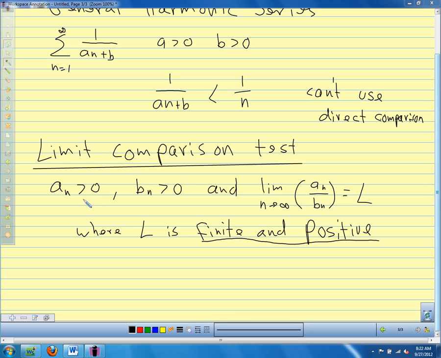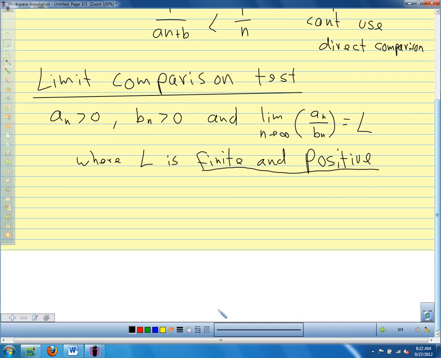So if the terms of our series are greater than 0, and that limit is some finite positive limit, then we can conclude that the series for a sub n and the series for b sub n either both converge or both diverge.